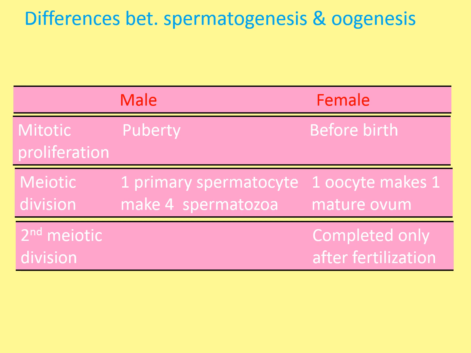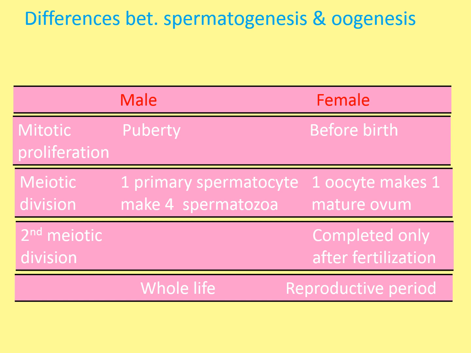In case of female, the second meiotic division is completed only upon fertilization. Last, very important, spermatogenesis in male continues throughout life, but ovulation will be only during the reproductive period, that is around 13-14 to 45-50 years in female life.